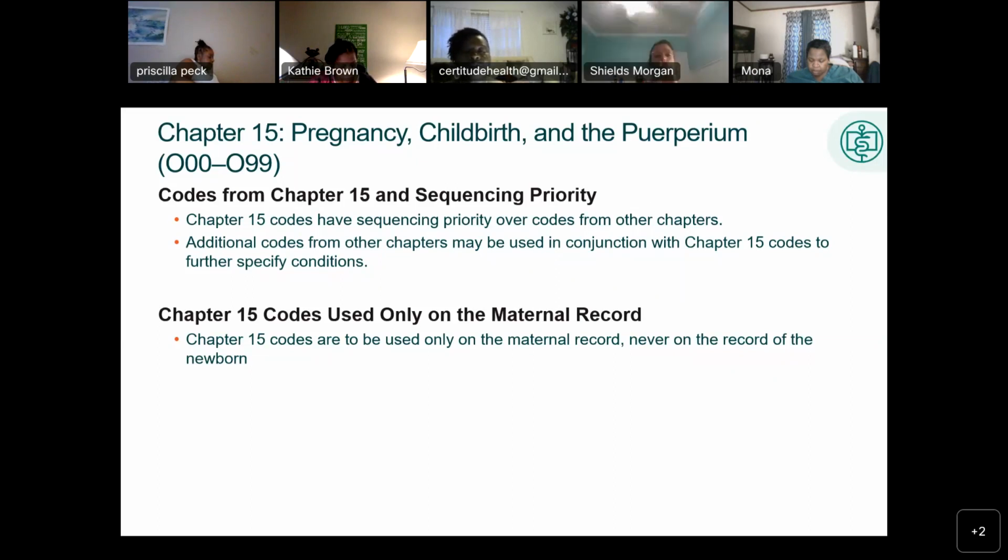And these codes are to only be used on the mom because there's a whole other section of codes that would only be used for the baby. It would be for the baby, not fetus, because it starts from age 0 to 28 days. So I'll take that back. But these O codes are to only be used for the mother.